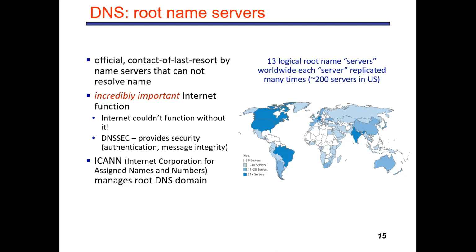Now, it is incredibly important that the DNS protocol works because the whole internet is depending on the DNS. If you don't get the IP address, your request will not be forwarded further. That is why lots of attacks have been launched on the DNS protocol as well.